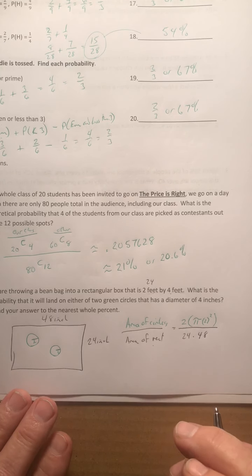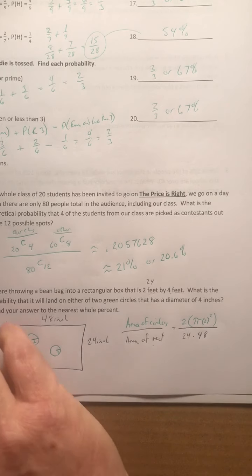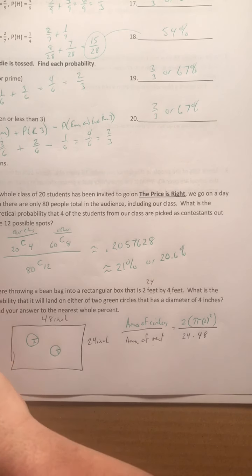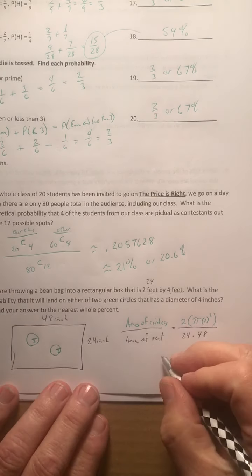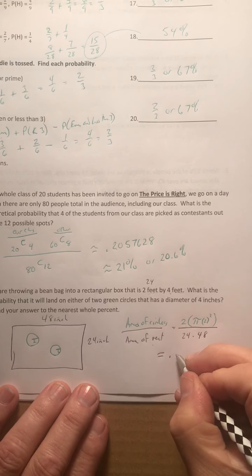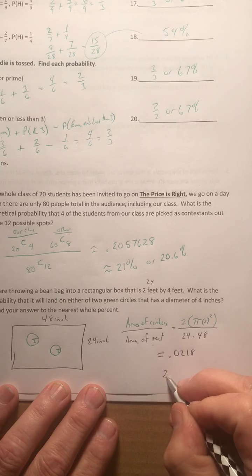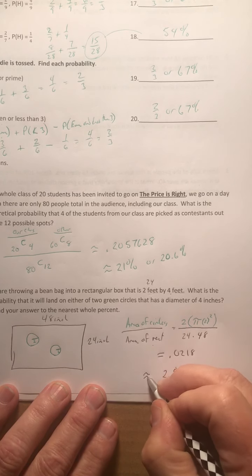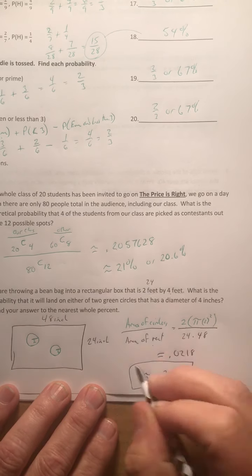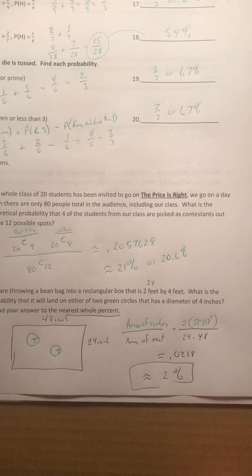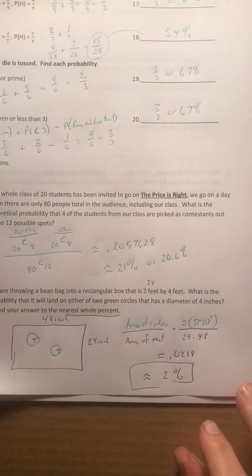Putting that in the calculator, that's going to give us 0.0218. So it's approximately 2% because this says round it to the nearest whole percent.